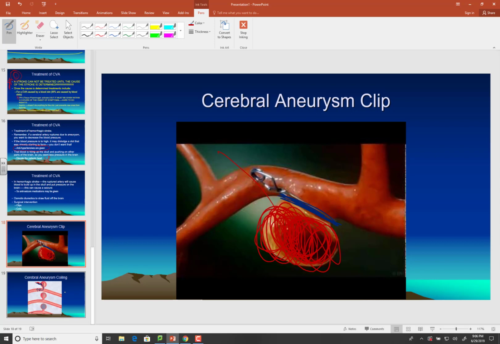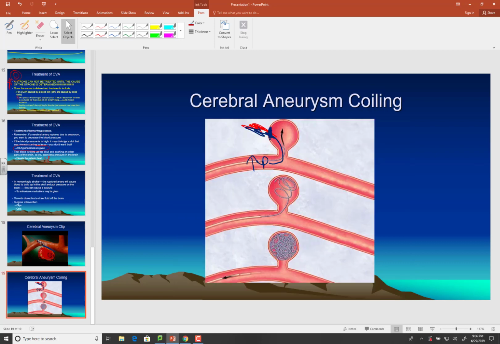The other way is cerebral coiling. Basically, they know where it's bleeding, so they'll stick a catheter in, and then they will put a coil and slowly add coil to this aneurysm. Now, just so you know, you're not supposed to have coil in your blood vessels.